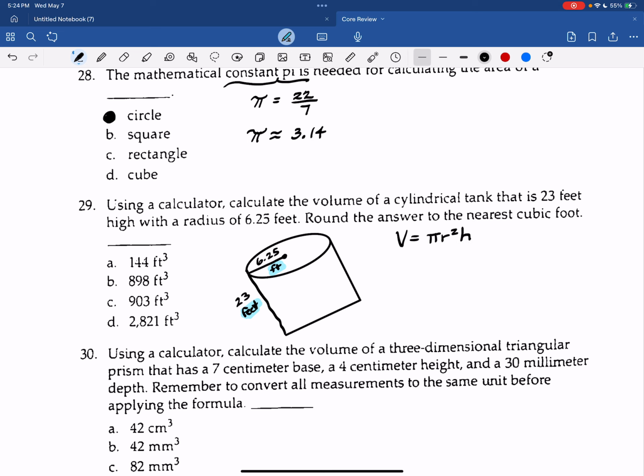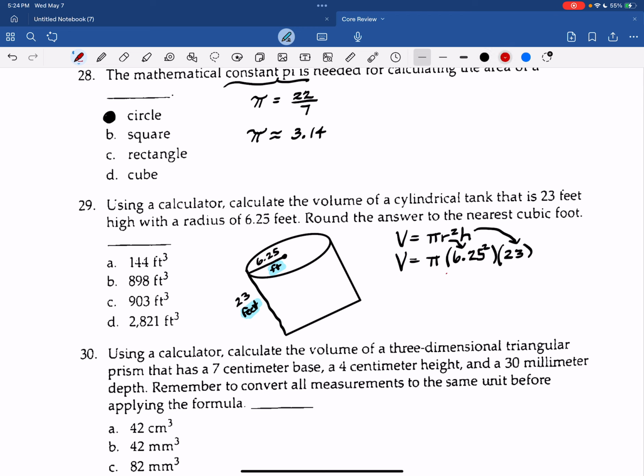The volume is pi times the radius to the second power times the height. So let's set it up. I'm going to leave pi in there. Radius is 6.25, and we have to square that, and then the height is 23. So I've just substituted those variable values.